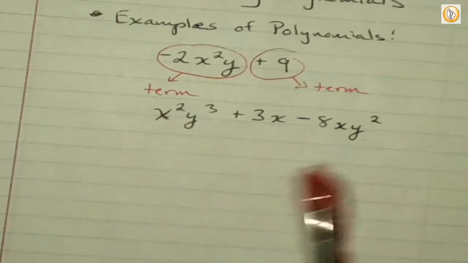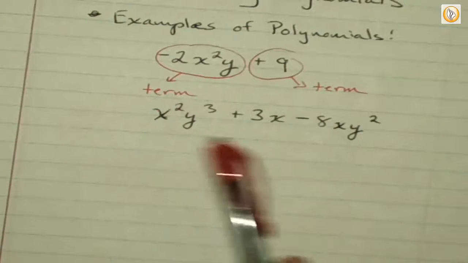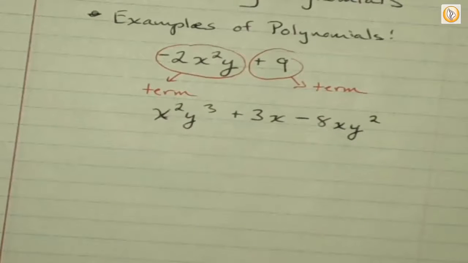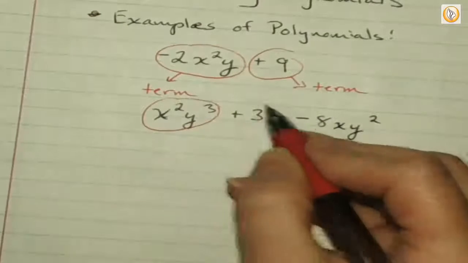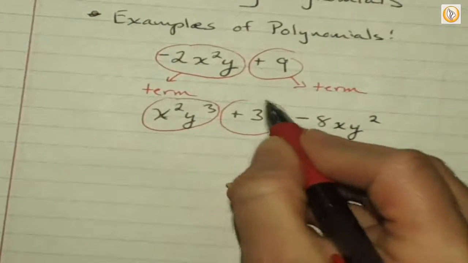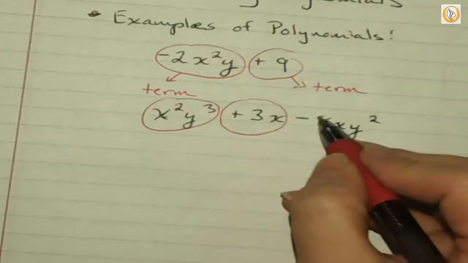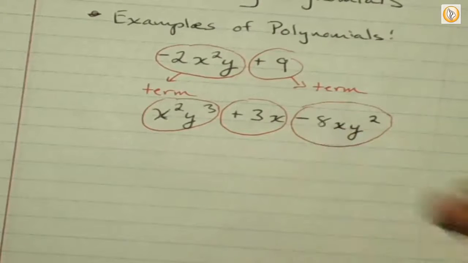This whole thing is a polynomial. How many terms? Raise your hand. Gabby? 3. There's 3. Here's one. Here's one. Notice I'm including the sign in front of it. Here's another one.